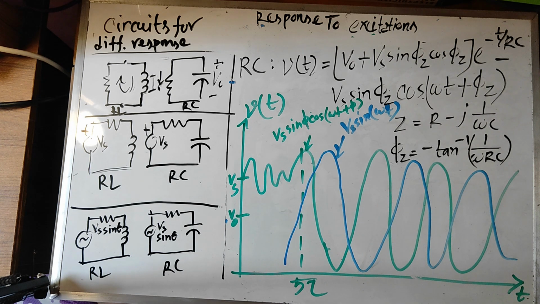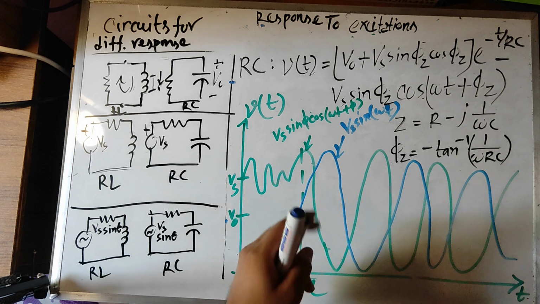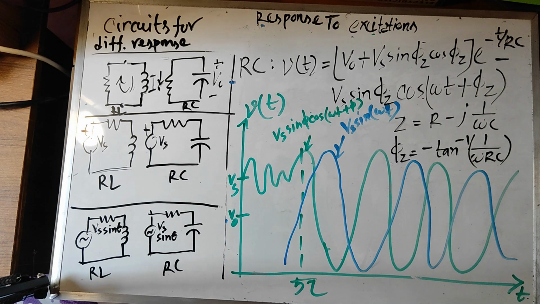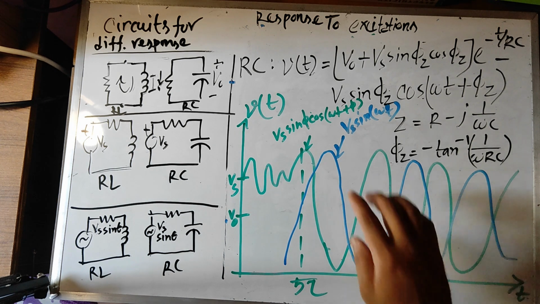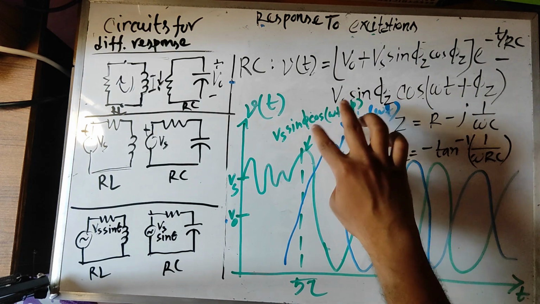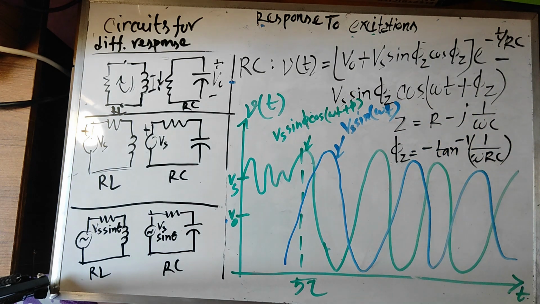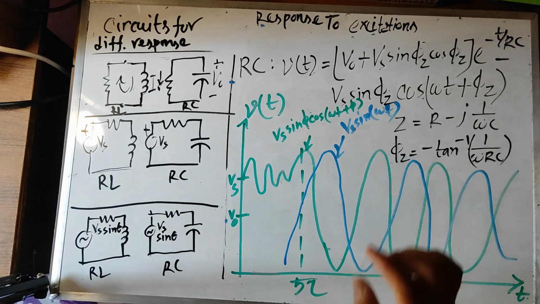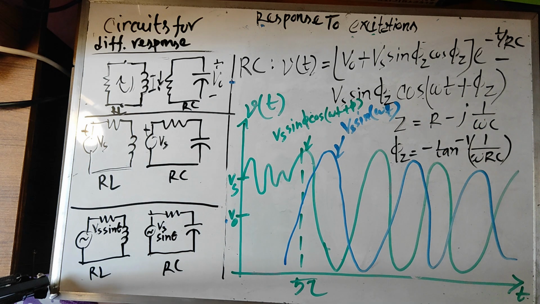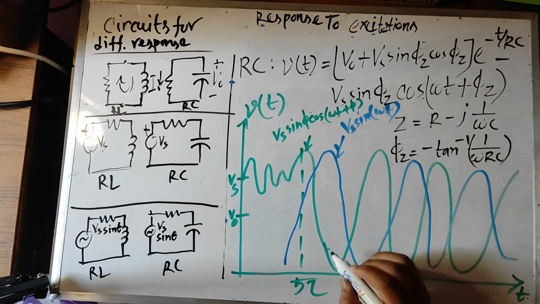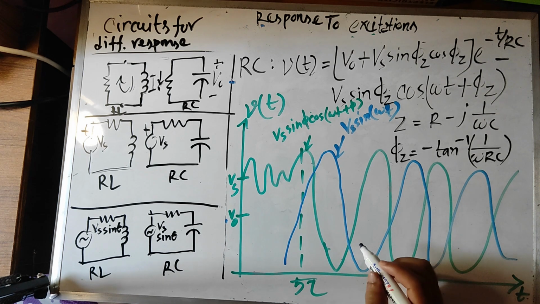my viewers are encouraged to look at the derivation for yourselves. I don't think I have made any mistakes, but there's an extra term sine phi with the phase shifted term cos phi. So this is the main response. So I think the response will basically look like this.